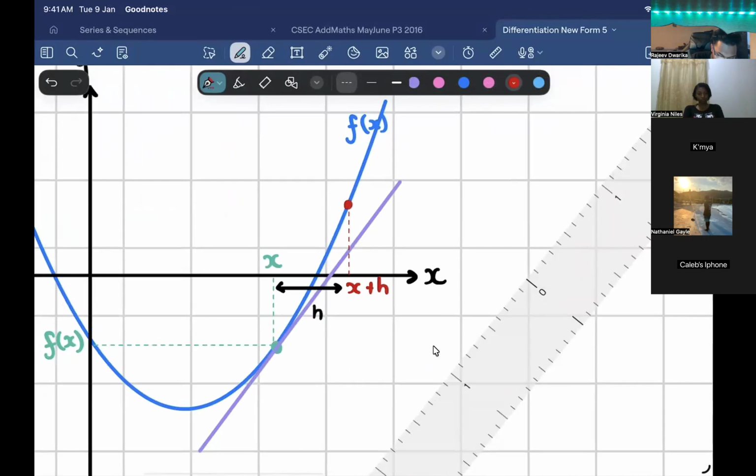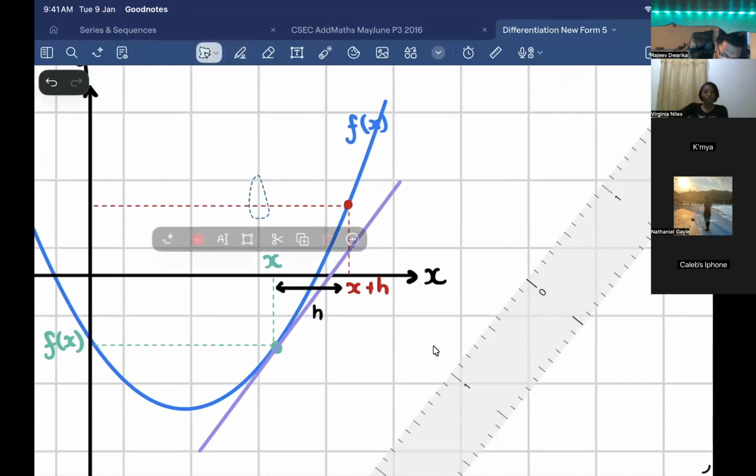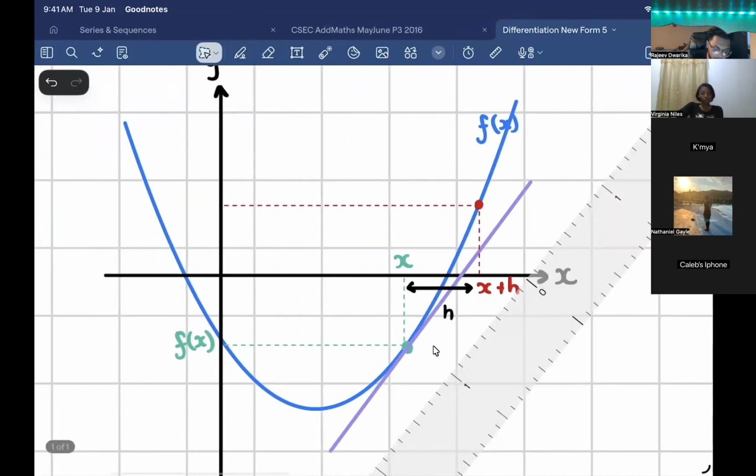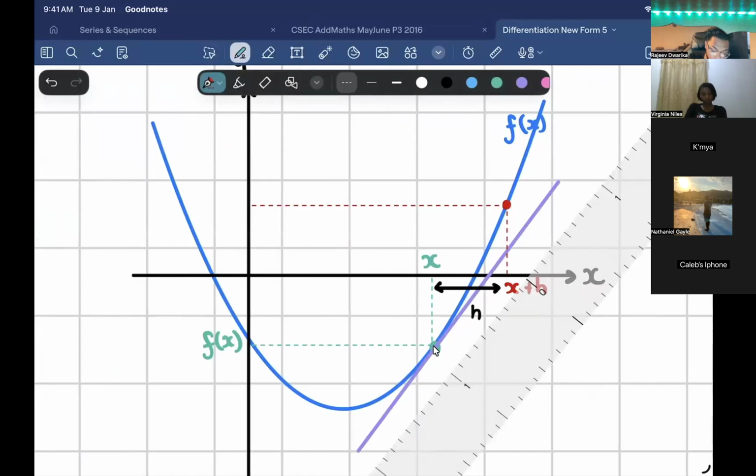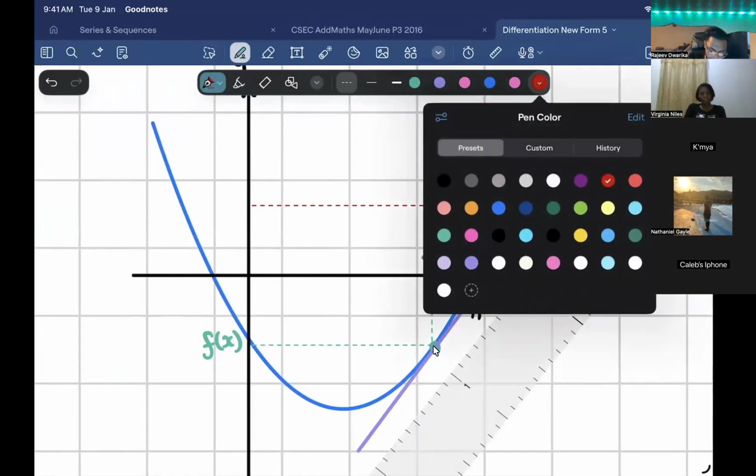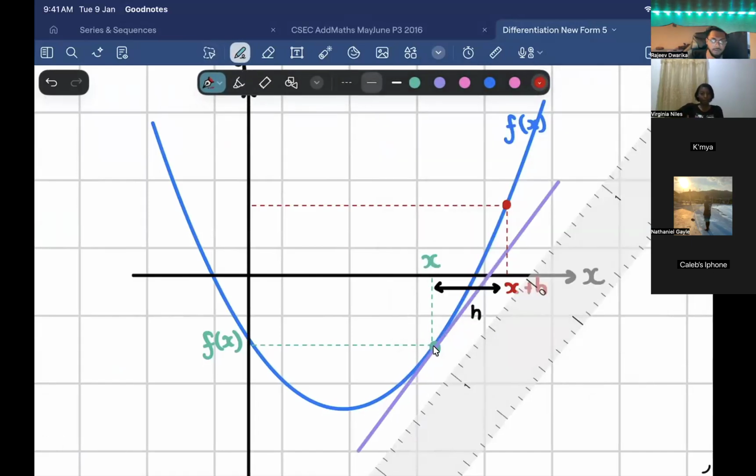What would the y value be? If the x value was x plus h, how would I find the y value? Plug it into the function. Correct. So what would I write?